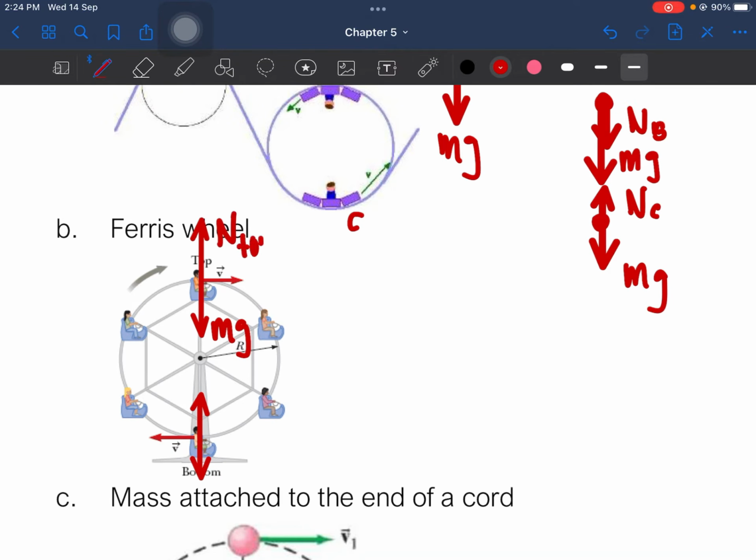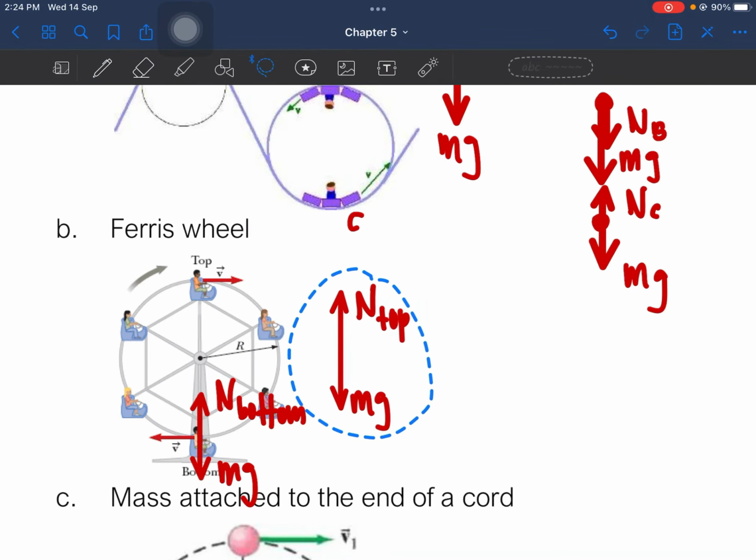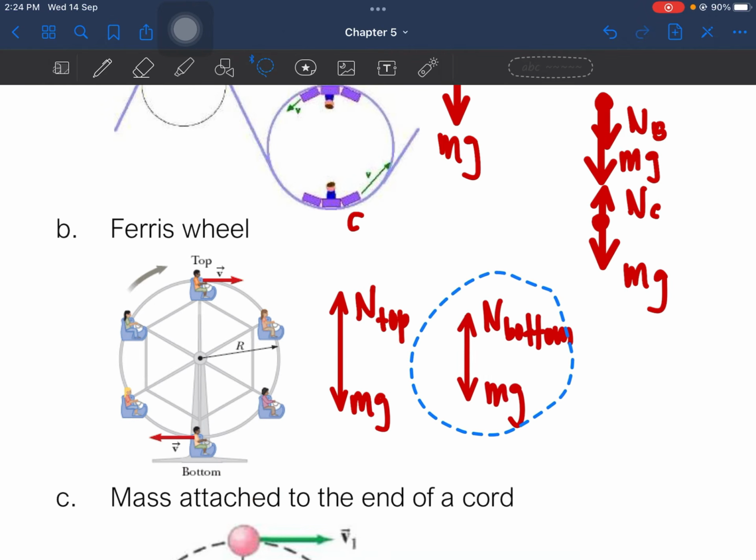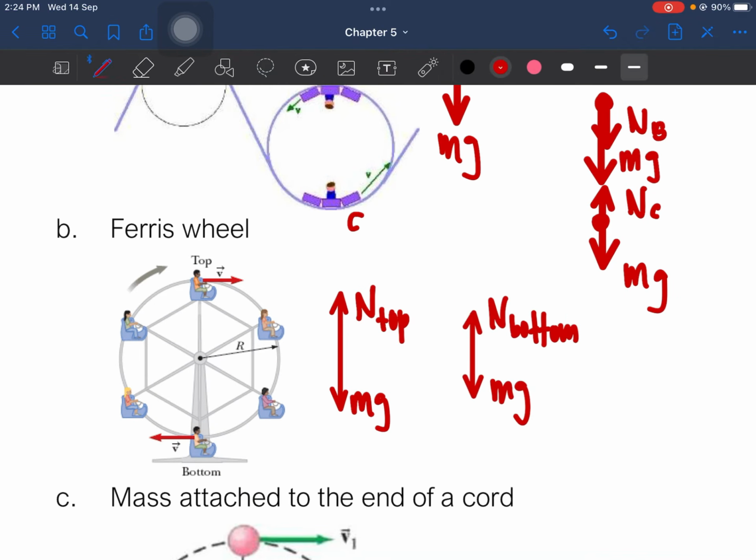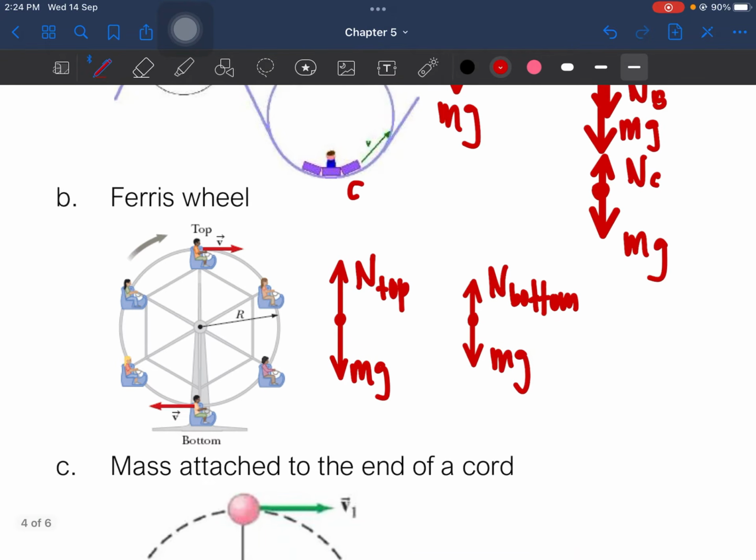MG, this is your N untuk top. This is your N for bottom, this is MG. Okay, so kalau lukis nanti macam ni lah, the label and the drawing. Okay, so that is the Ferris wheel.